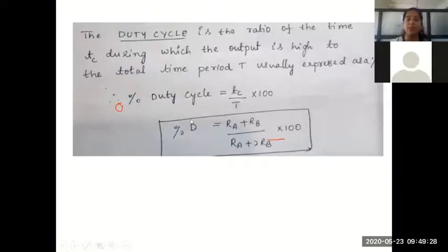We can measure something known as duty cycle. What do you mean by duty cycle? All of you are familiar with this term, right? Duty cycle means it is the on time divided by total time.